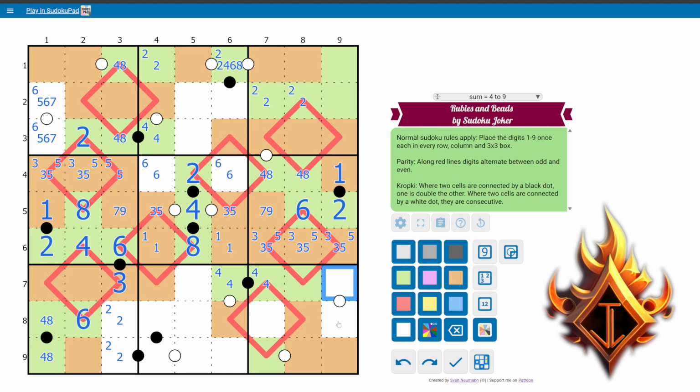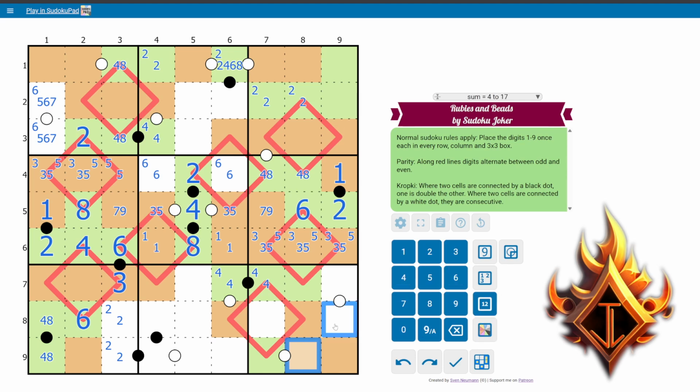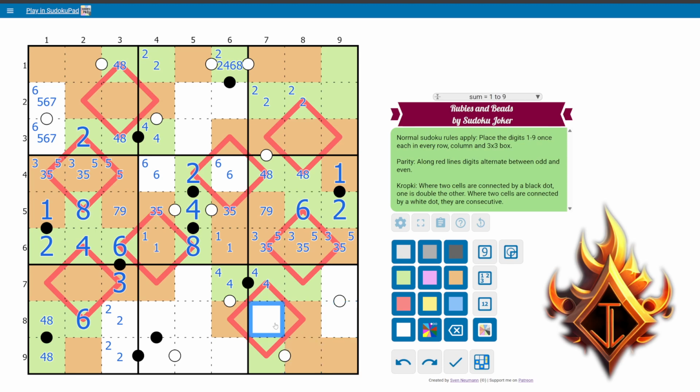If 6 goes here, that is 5, 7. 5, 7 will either be there or there, depending on which one of those are 6.